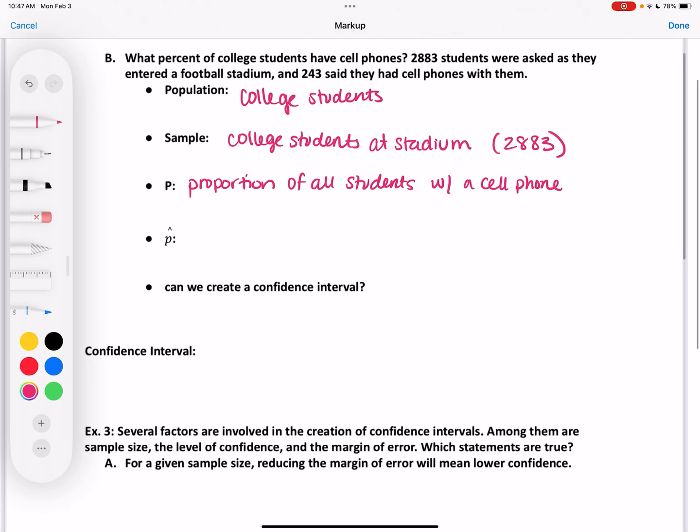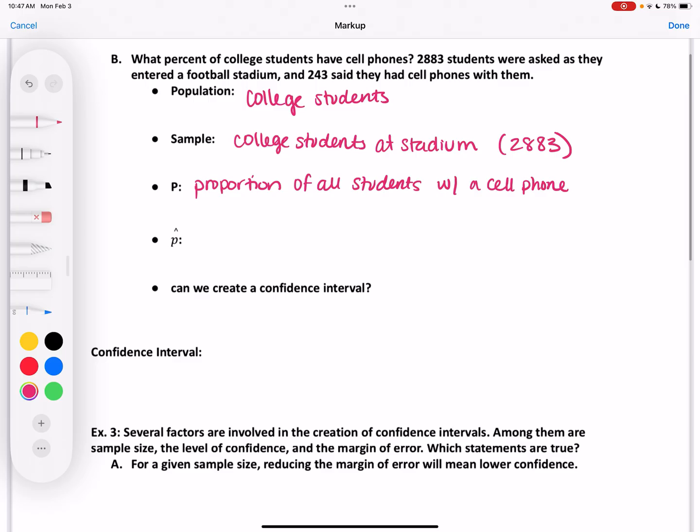All right. So our sample proportion then would be what? Wait, 243? Well, 243 yes, but what is that number representing? People with cell phones? Yeah, specifically at the game.